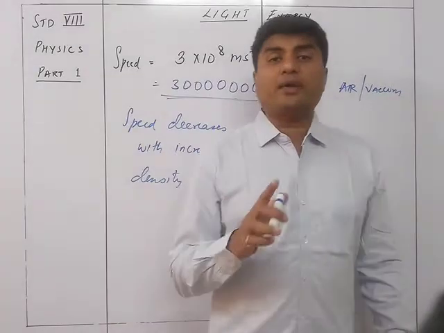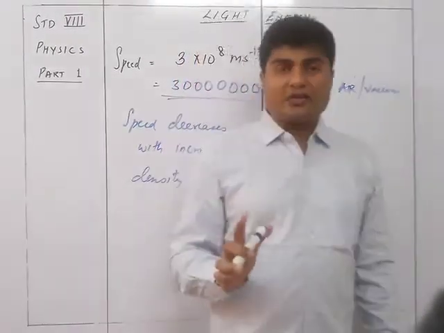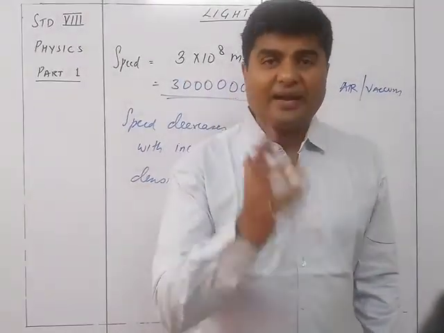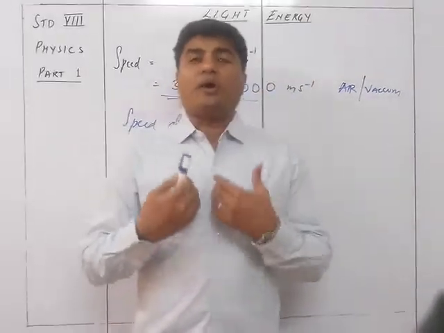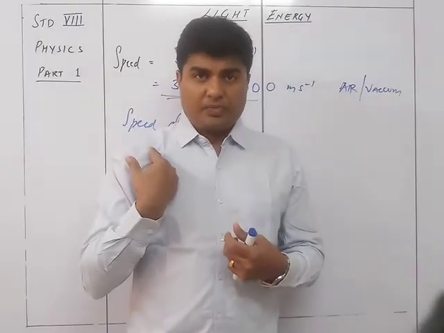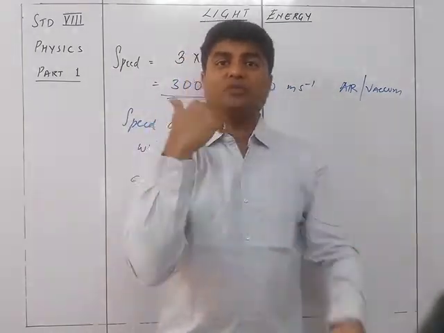Of course, we are talking about only transparent medium, because if it is not a transparent medium, the light cannot pass through, it will just get reflected back. Okay, like for example, you are able to see me because I am not a transparent object, so the light is not passing through me, right? It is getting obstructed and getting reflected back, and that's why you're able to see me.